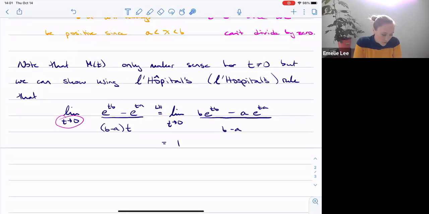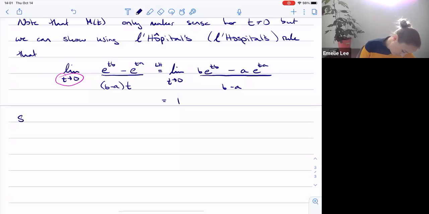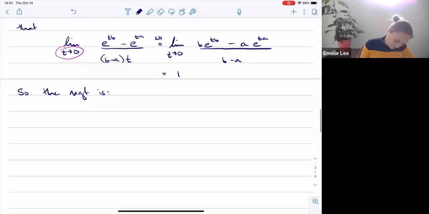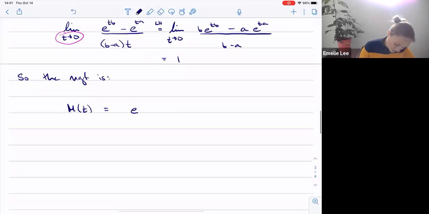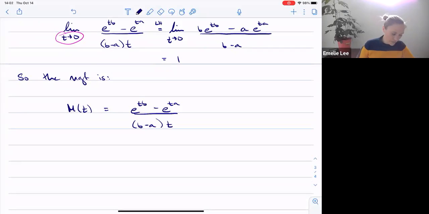Okay, so the MGF then is going to have two different definitions. Again, it's going to be a piecewise function depending on whether t is equal to 0 or not equal to 0. So the MGF, m of t, is e to the tb minus e to the ta over b minus a times t, if t is not equal to 0.